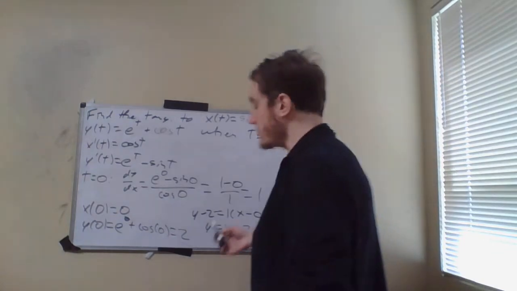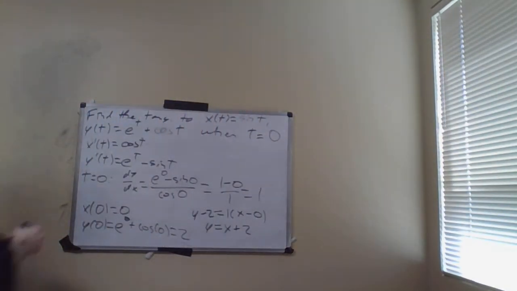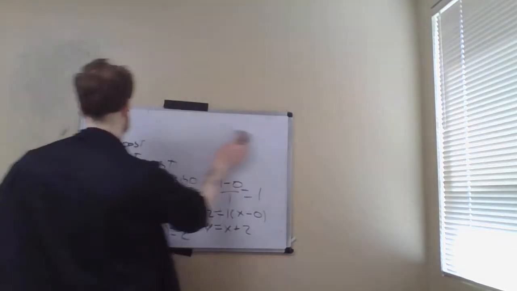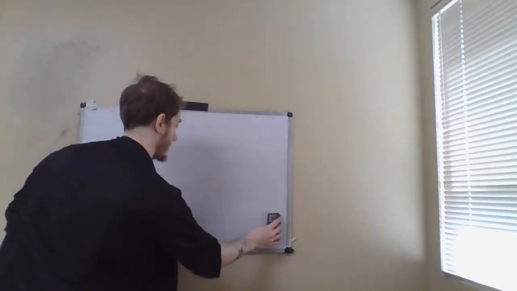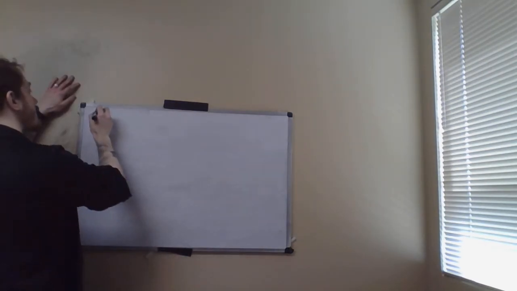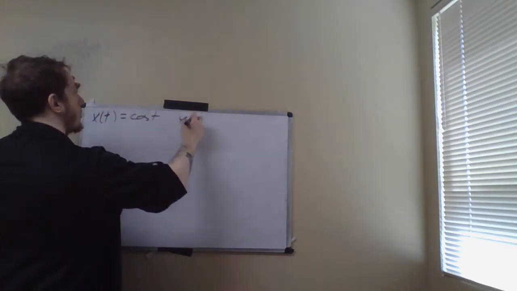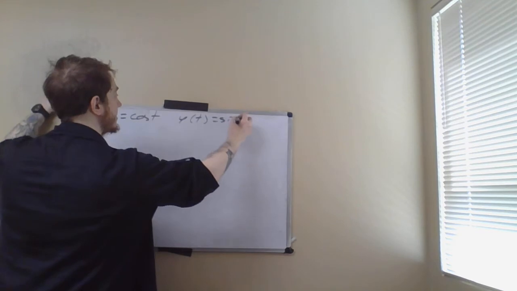Now I want to show you something really cool about this. Somewhat obvious, but rather cool. What happens if we start thinking about the unit circle given by x of t equals cosine t, y of t equals sine t?